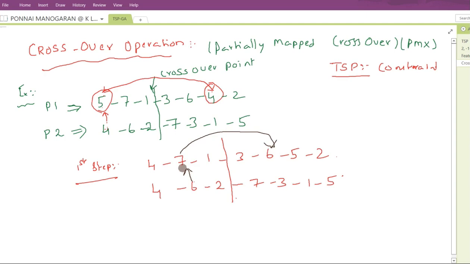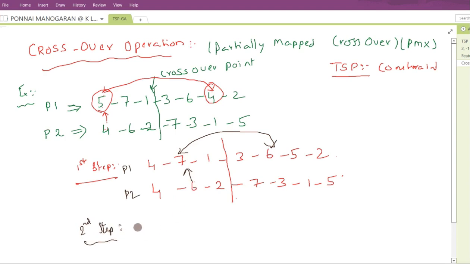If you transfer here, you will have two 6s. That means you are visiting the city more than once. So you will swap 7 and 6, and then you transfer the 6 from the 2nd parent to the 1st parent.